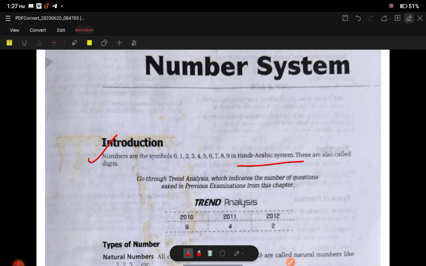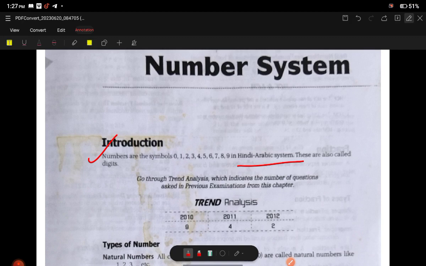So in standard 5 and 6 we basically learn about two types of number system. One is the Hindu Arabic number system and another is the Roman numeral system. In the Roman numeral system you have seen they also have different symbols.